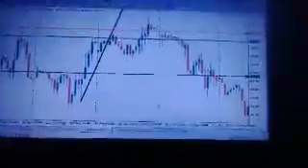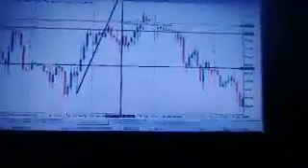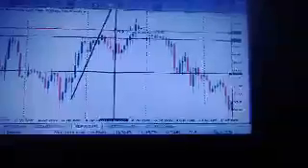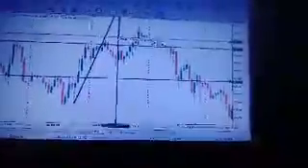So that is actually 1 pip. The last digit, that 5 there, we don't count. That is what we call a fraction of a pip, it is too small to be counted. So that is 1 pip. The 5 you ignore.